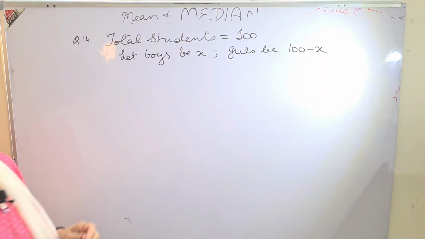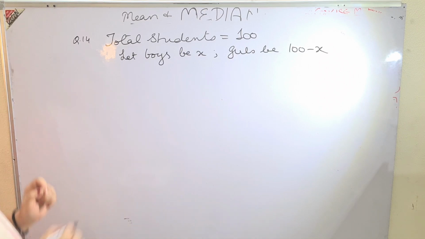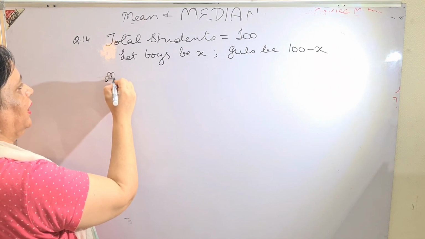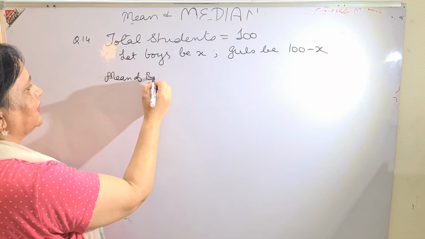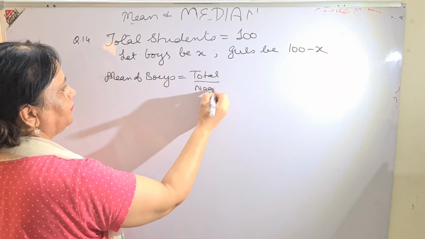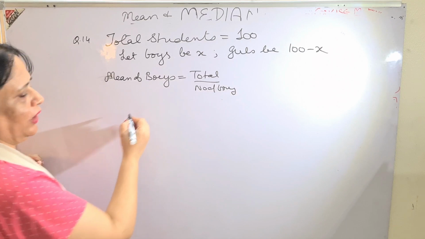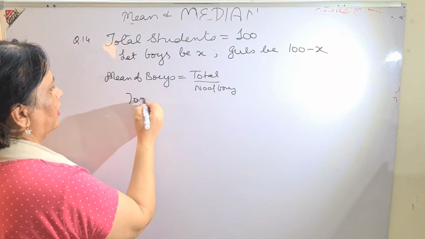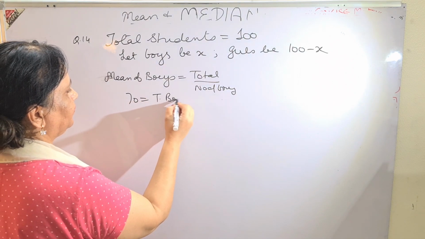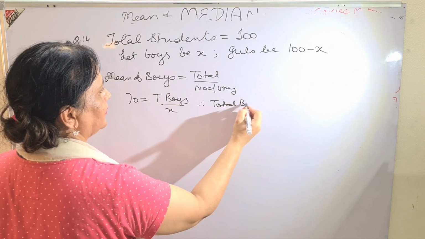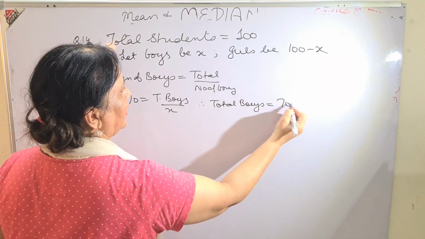Now he says that the mean of boys is 70. So you can write mean of boys is equal to total over number of boys. The mean of boys is given to you in the question, that is 70, equal to total boys over X. So total boys is 70X.